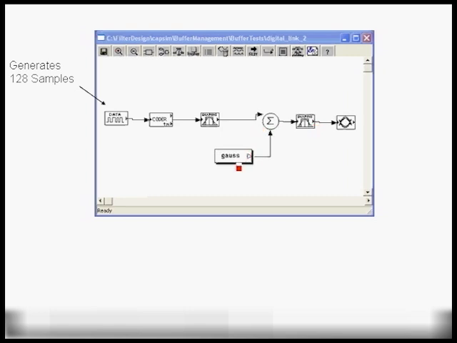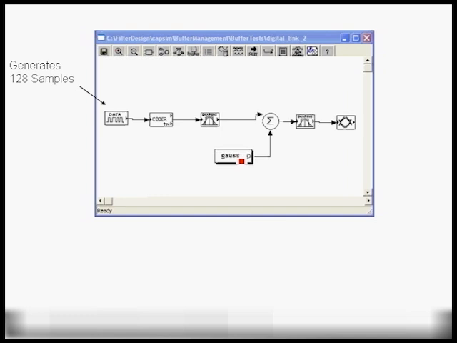Now what happens is the Gauss block, if it's set to 128 samples, would then stop the simulation, and we've only processed 128 samples. So in order to simulate this correctly, we need to set the parameters in the Gauss block to generate 8 times 128 samples, because that's how many samples the add block actually has to process.